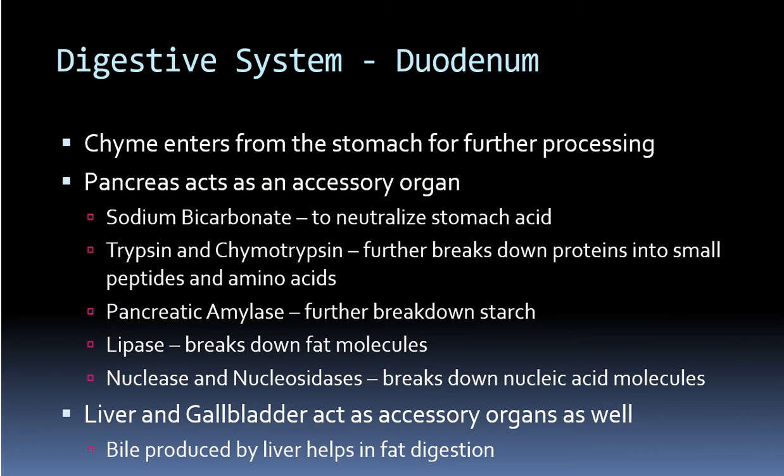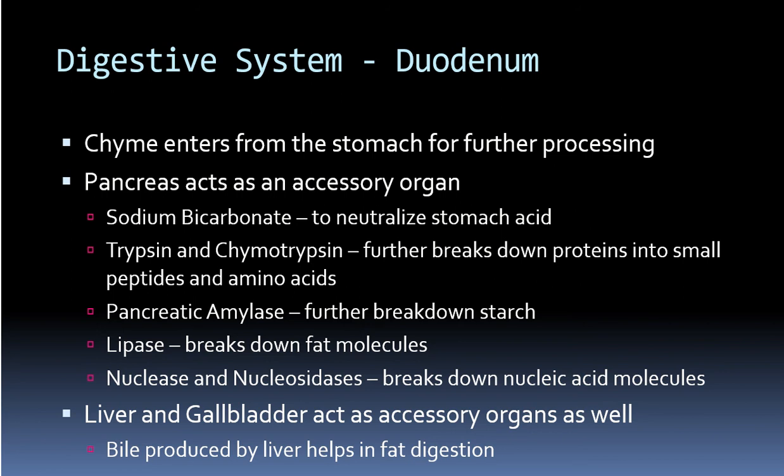And then there are also nuclease and nucleosidases, which break down nucleic acids, which are found in DNA and RNA of the food that you ingest, that you swallow. Now that is a bunch of things that the pancreas does to help act as an accessory organ to the hollow organs of the digestive system.